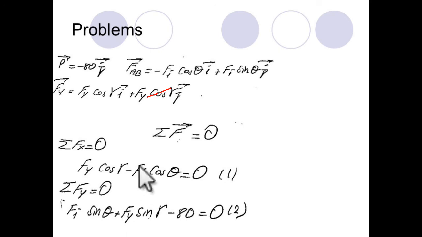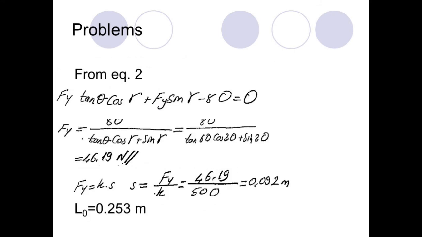And as a result, it is Fi sine theta plus Fi sine gamma minus 80. So this comes from the pulling force, has to be equal to 0. Now I have two equations, and in fact I have two unknowns. I can solve this set of equations.